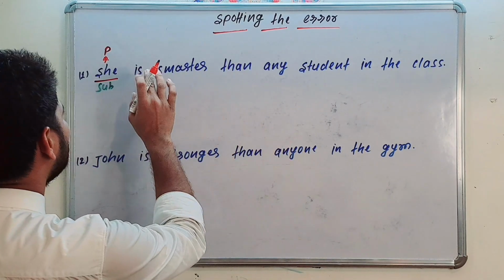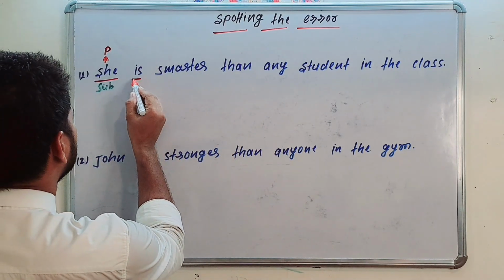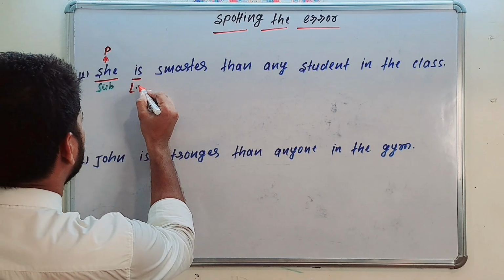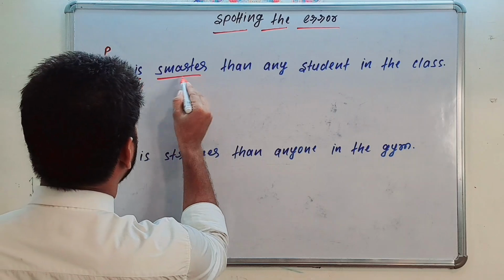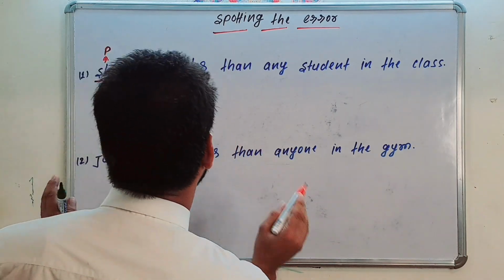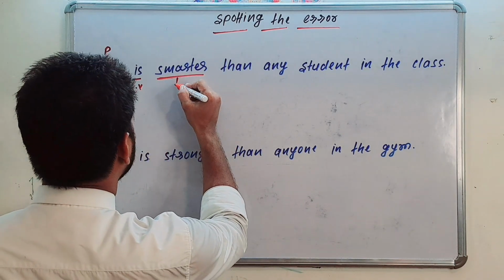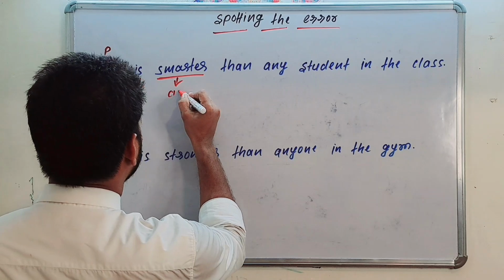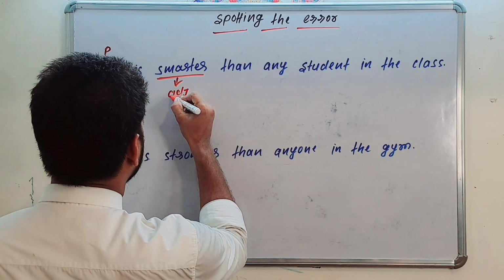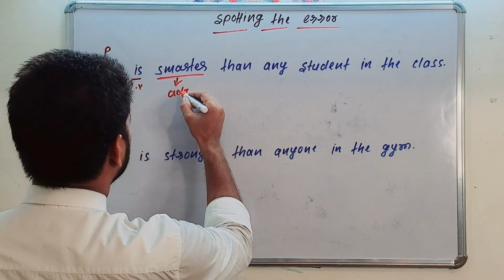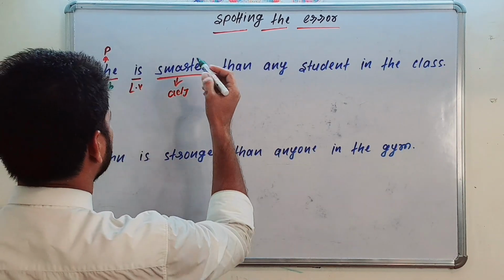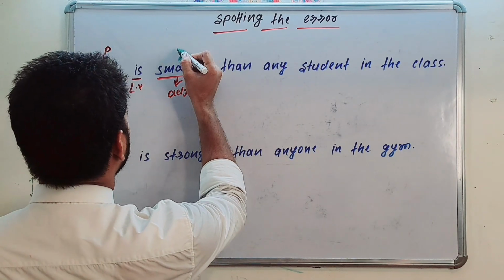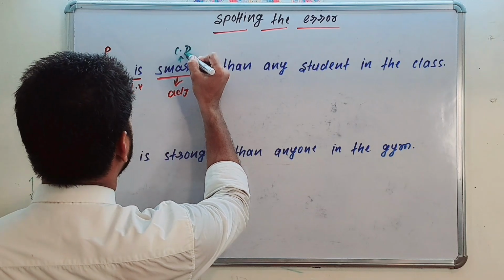Here, she is a subject, and is is a linking verb. She is smarter. Basically, smarter is your adjective, and you can also say comparative degree.